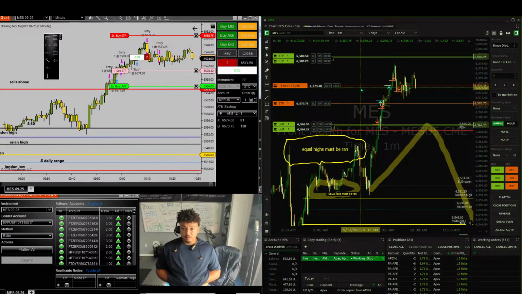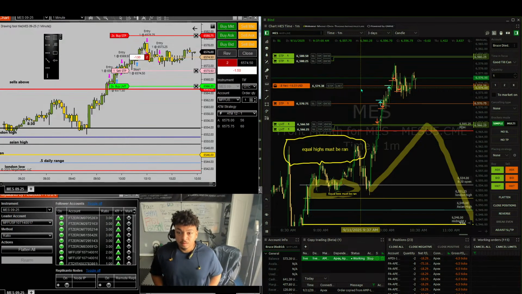Even if it's just to the 50% level of this bullish push up, I've noticed the price typically retraces to at least a 50%, so that's a safe target, I assume. Let's see if we can get lower. I don't like how that candle closed.